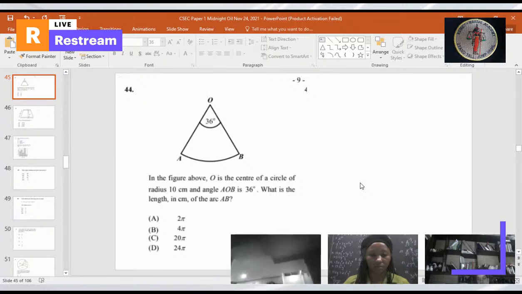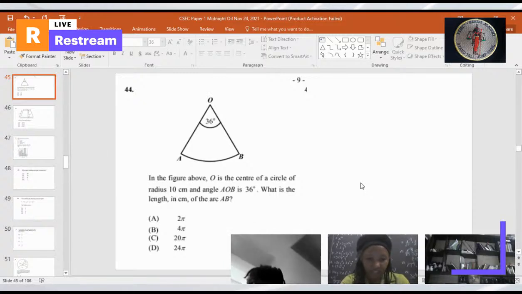A charger. So the full circumference would have been, if you imagine the full circle, 2 pi r. But we only want to find the arc which subtends 36 degrees.